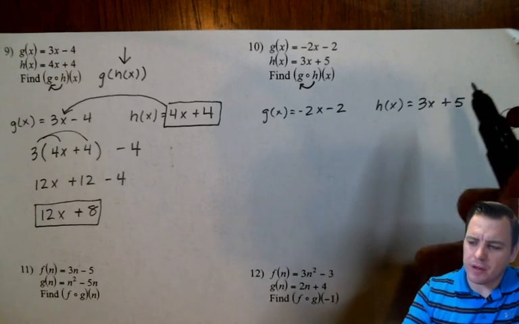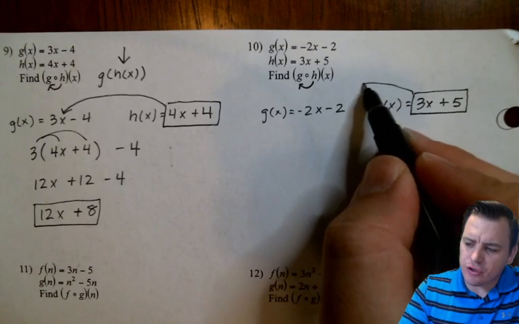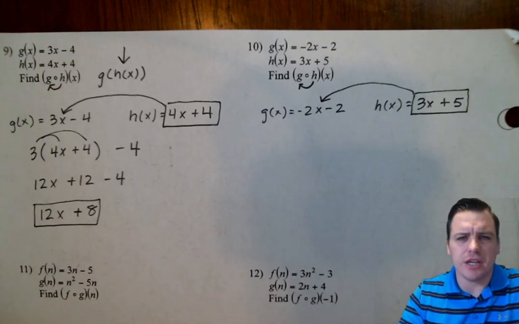So we're putting h of x into the x of g of x.